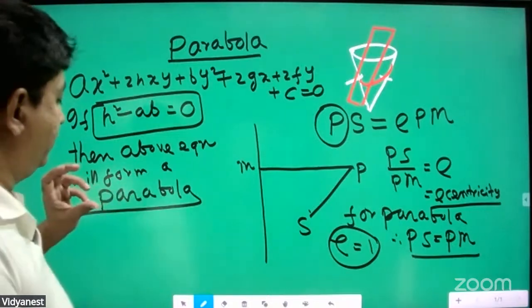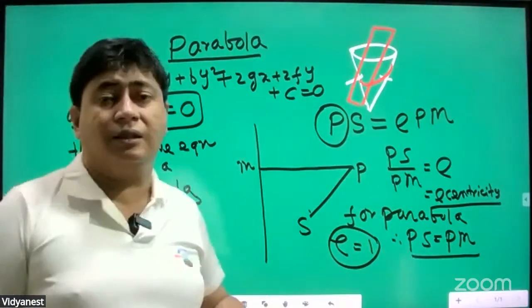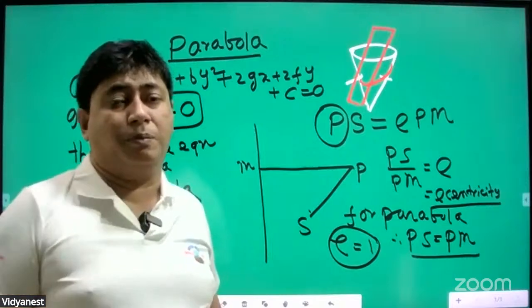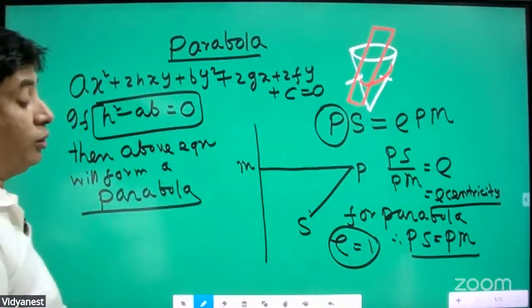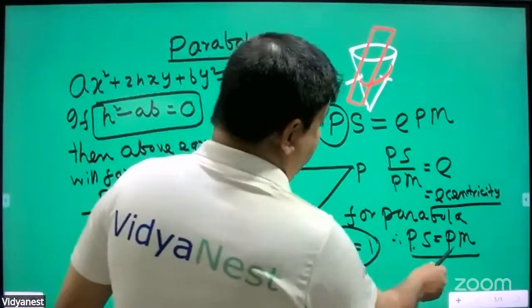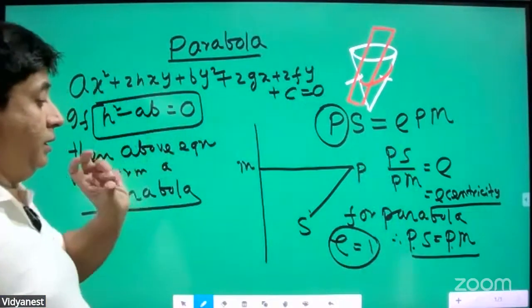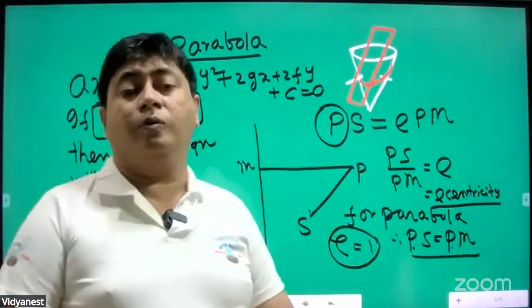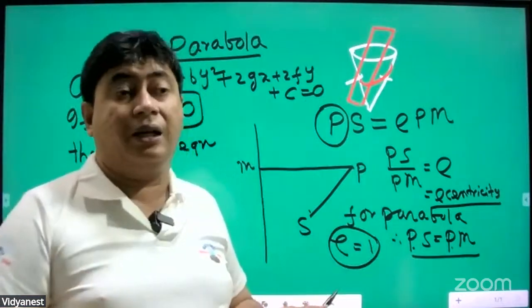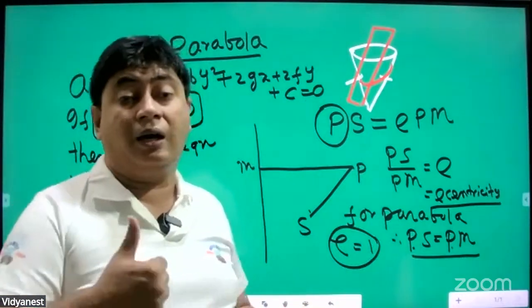Now, let us establish the working rule of the parabola. I have told you that PS is equal to PM. That result will give you parabola. Now, let us see how that result works.